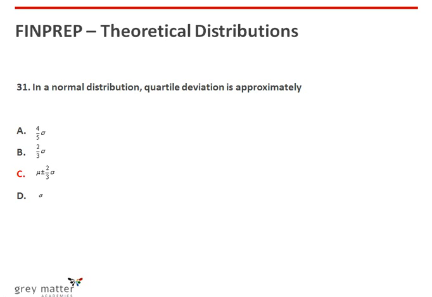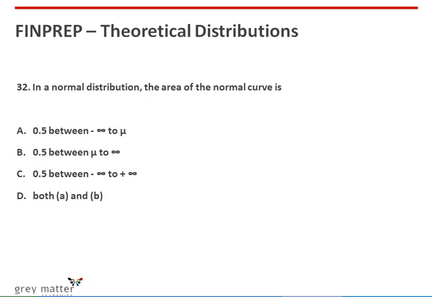In the 32nd problem, in a normal distribution, the area of the normal curve spans from minus infinity to plus infinity. Looking at the options, it is a combination of both A and B, that is option D, which says both A and B.